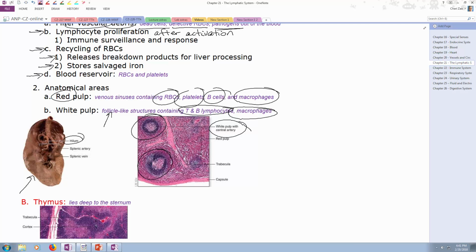The white pulp is where immune system activation takes place. And the blood flows from the splenic artery into the white pulp, then the red pulp, and then out the splenic vein.